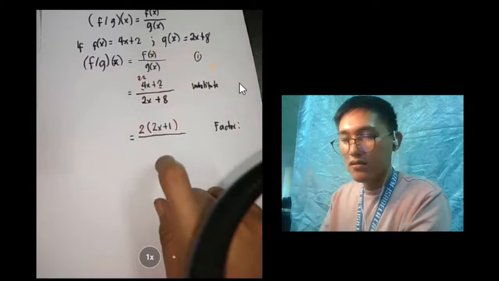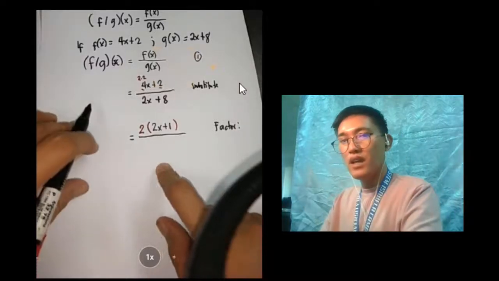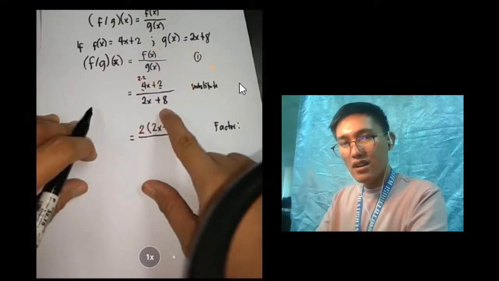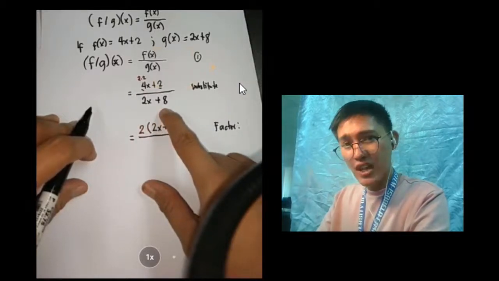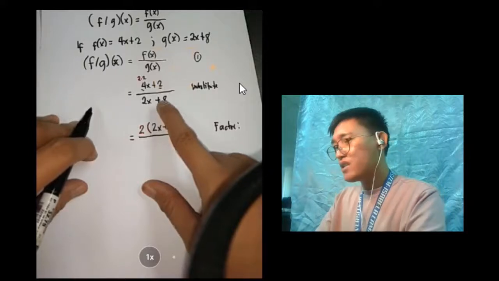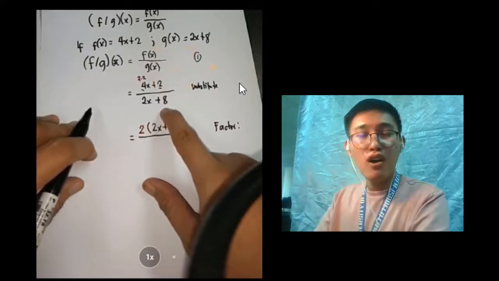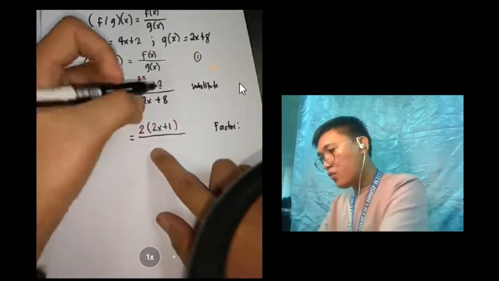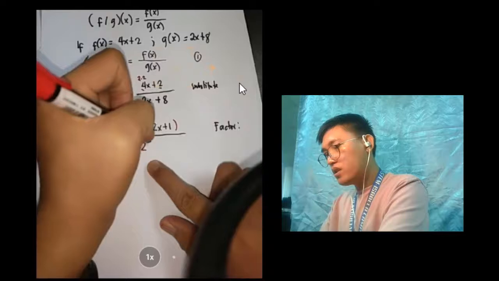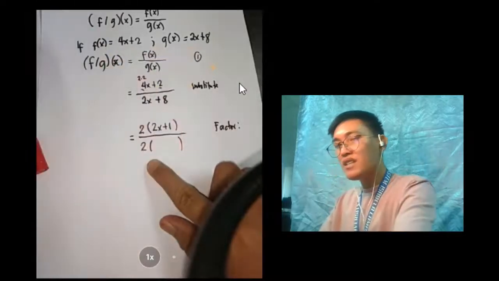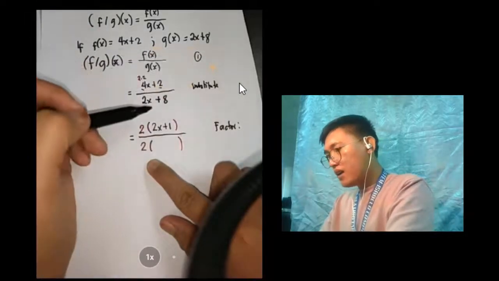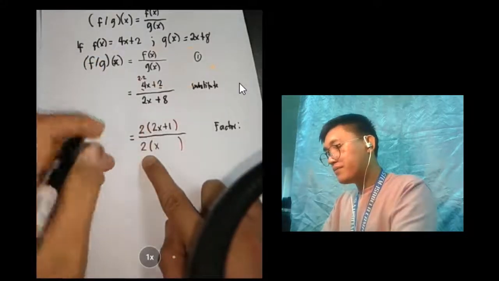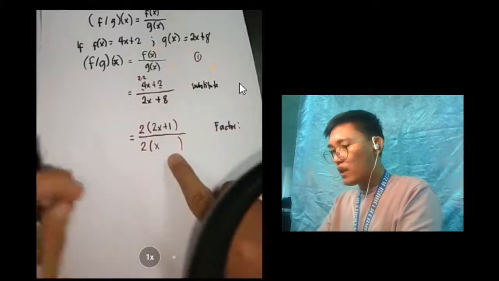Alright, in the denominator, as you can see, it's 2x plus 8. Do you know the common factor there? Same, because 8 is a multiple of 2 again, 4 times 2 is 8. So we'll take out 2, then write the remaining terms inside the parentheses. 2x divided by 2 is x, and 8 divided by 2 is positive 4.